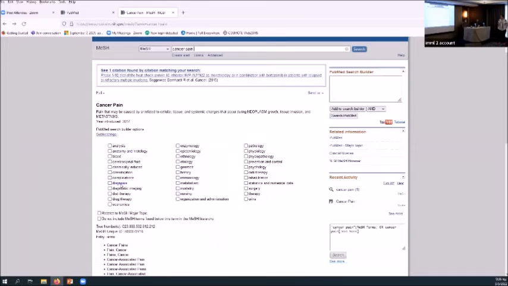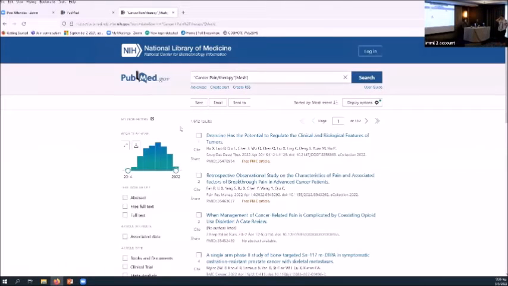If we are interested in therapy of cancer pain, we click on therapy, and then we go to add to search builder, and we will have another search, and we retrieve 1,612 results. Our research is narrowed down.